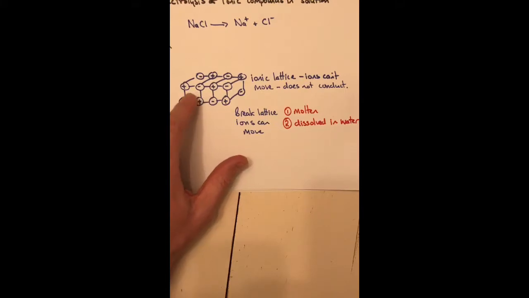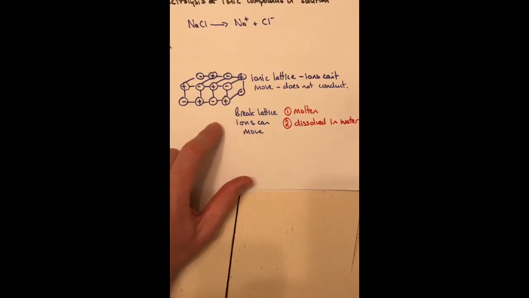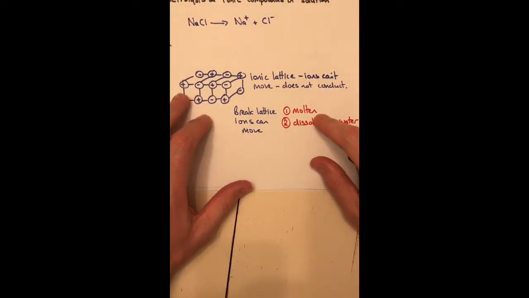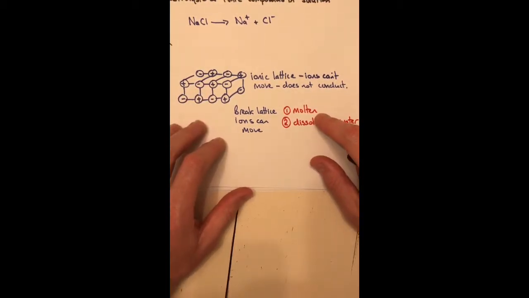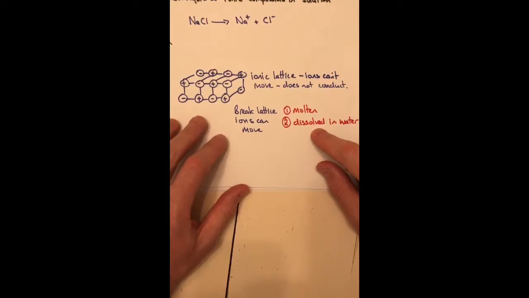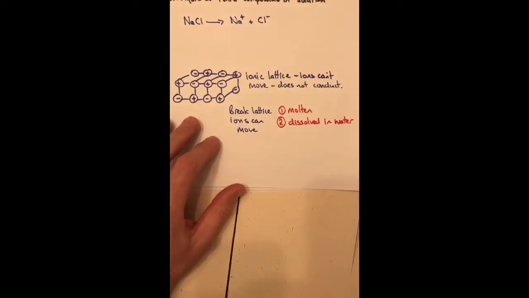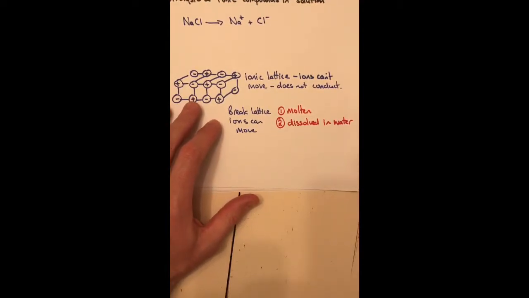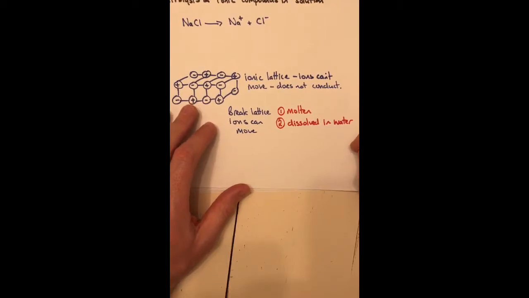What we have to do is overcome these forces of attraction to break the lattice, and therefore the ions can move. We've got two options to do that. Number one is we heat it up, as we said in our previous video, and that makes it molten, and therefore these ions are free to move and it will conduct. Or number two, which is what we're going to talk about today, is we can dissolve the ionic compound in water. That also breaks the lattice, breaks the electrostatic attractions, and the ions are free to move.